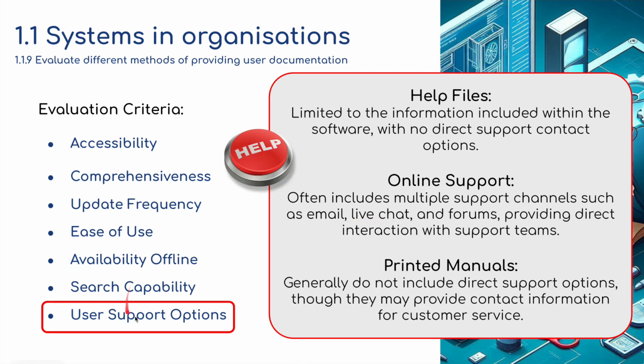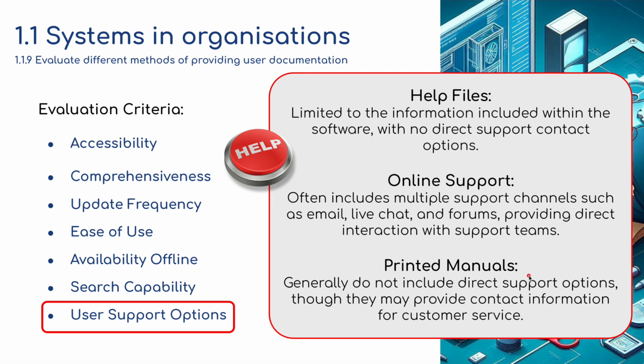And then finally, user support options. Well, help files are limited to the information included within the software with no direct support contact option, whereas online support often includes multiple support channels such as emails, live chats and forums, possibly even a phone number, providing a direct interaction with support teams.